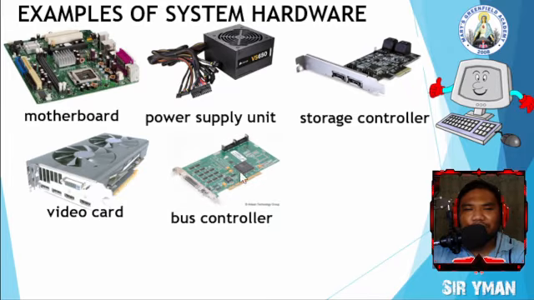Yung mga lumalabas na motherboard ngayon, itong tatlo, storage controller, bus controller, and video cards, are already built in sa motherboard. So ngayon, pagka bumili ka ng motherboard, pwede ka nang hindi bumili ng tatlong ito. What else? Bigyan mo pa akong dalawa. Ano pang examples ng system hardware?